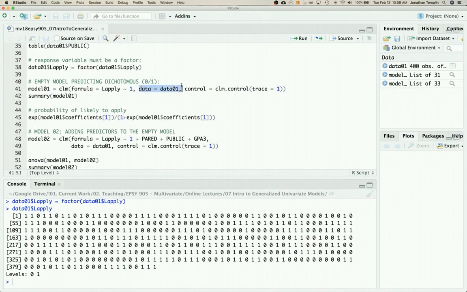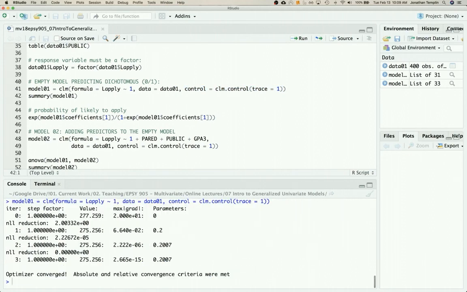Again, we tell it the data frame we're using. I've added the control option because I want to show you how the algorithm finds the number. You don't have to use this option very often. It's just showing you that this is an iterative algorithm that goes through finding the numbers using maximum likelihood. So if I run this analysis, you'll see that there are iterations.